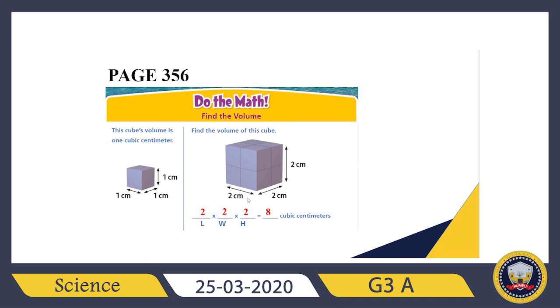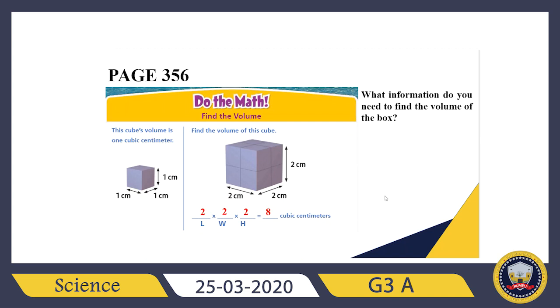Because check, it's centimeter, centimeter and centimeter. If there are 3 centimeters, I write cubic and I know it represents centimeters. So, if I want to represent the unit of volume, I write cubic centimeters for this. Okay, let's check. What information do you need to find the volume of the box?